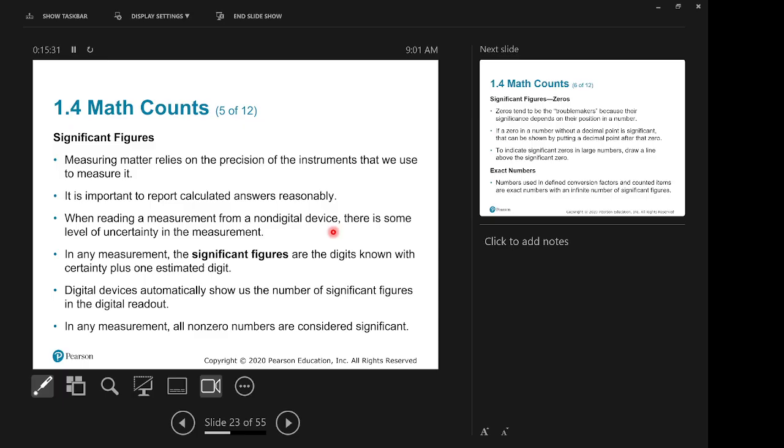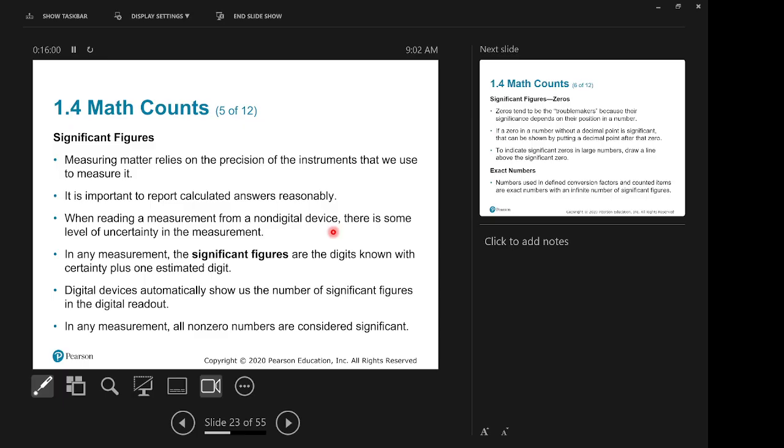However, if you are given a non-digital measurement that you have to actually measure using markings on, say, a ruler, well, it becomes much more questionable then, doesn't it? What would this be? That's halfway in between, isn't it? Yeah. And so I can actually guesstimate one more, can't I?